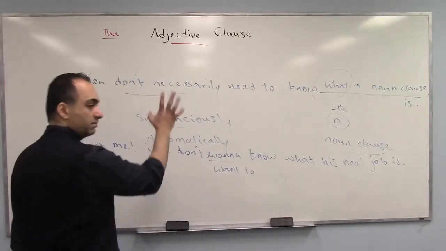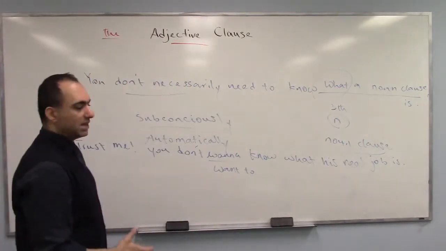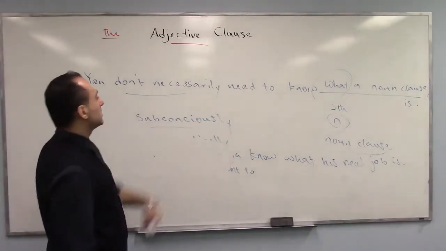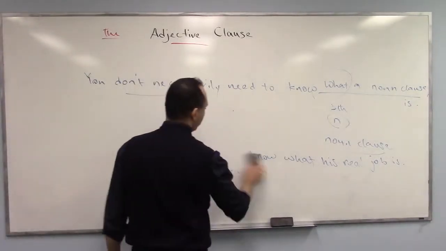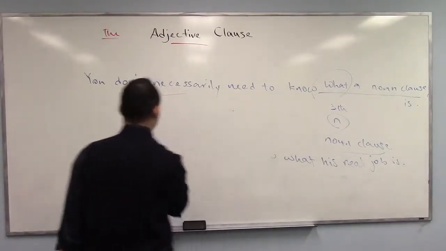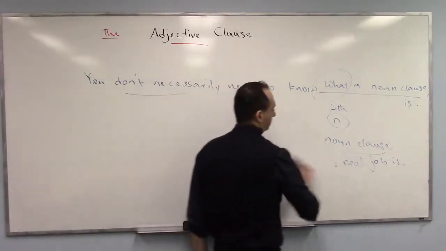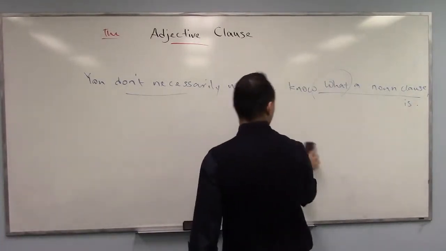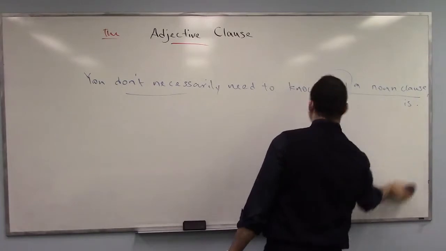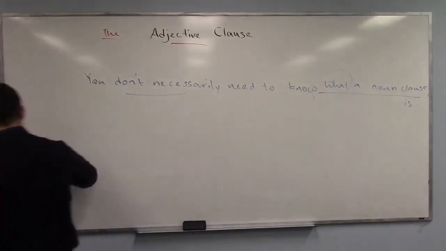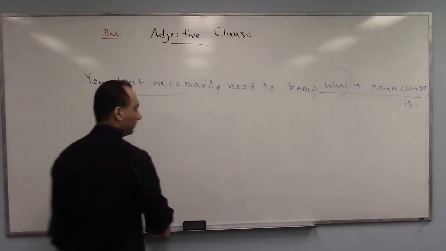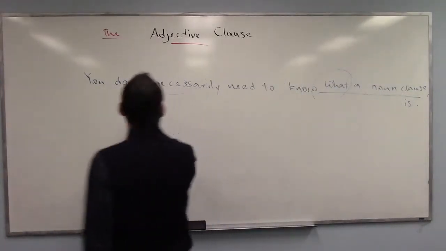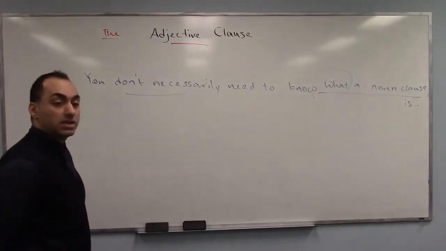Now, we did this. Now we want to move to the adjective clause. The reason why this was a noun clause was because in the bigger sentence, you don't necessarily need to know what a noun clause is.